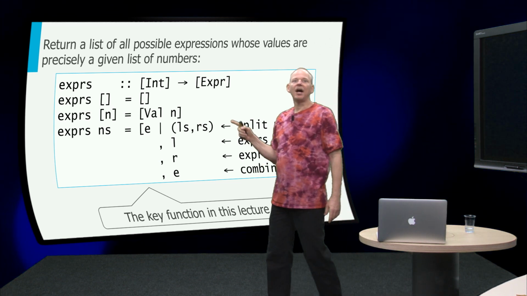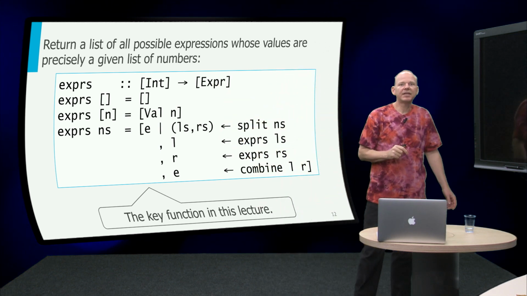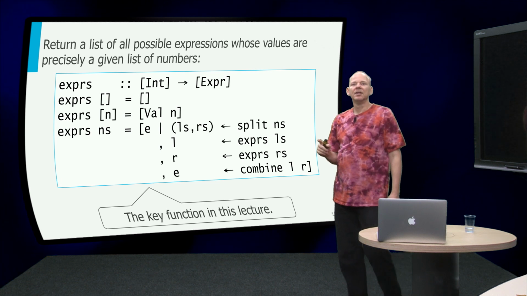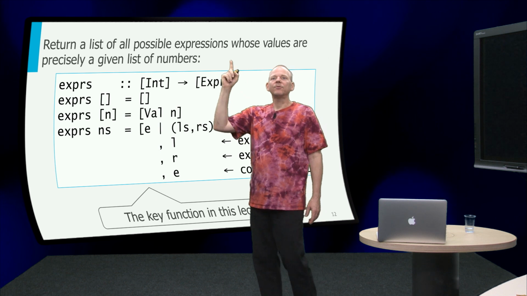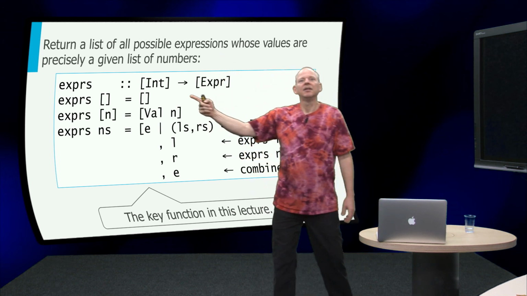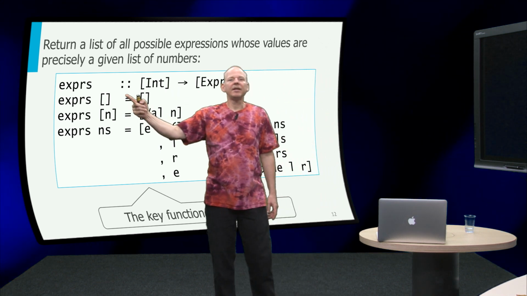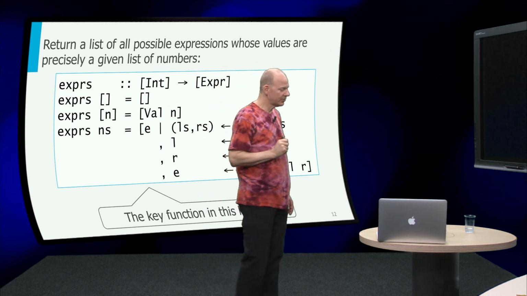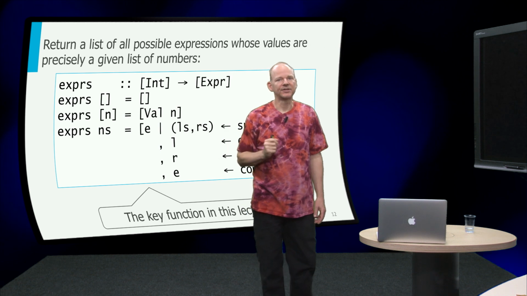Now we can define a function that, given a list of integers, will return a list of expressions whose values are exactly that list of given numbers. If we're given an empty list of numbers, then we can build no expression.